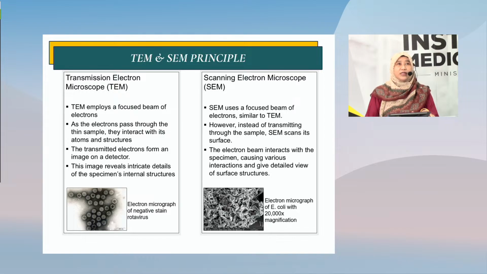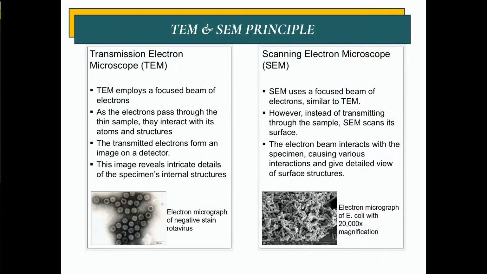So what is transmission electron microscopy and what is scanning electron microscopy, and how do they work? In this slide, I will present a very brief principle of both tools, because the next presenter will present the technical aspects and principles in more detail.